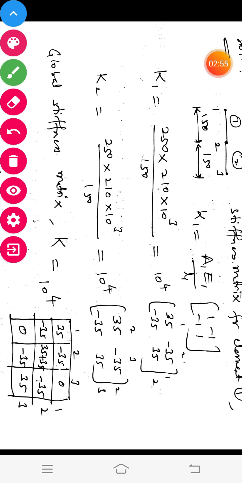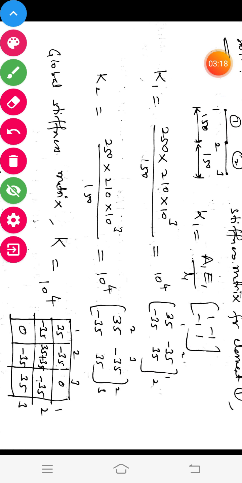After calculation we get 35 into 10 raised to 4 as the stiffness matrix for element 1. Keep 10 raised to 4 outside and 35 inside, and write the DOF numbers 1 2, 1 2, because element 1 consists of two nodes, initial node 1, final node 2.